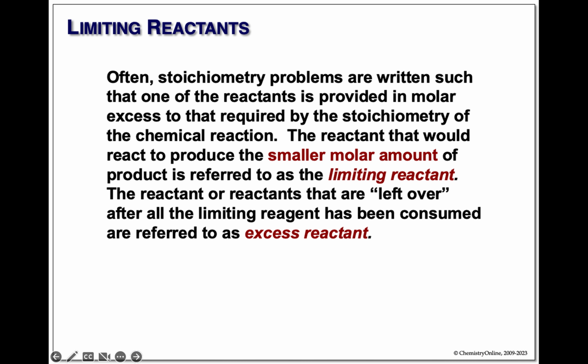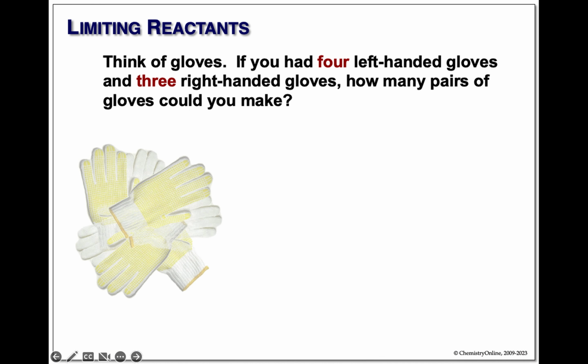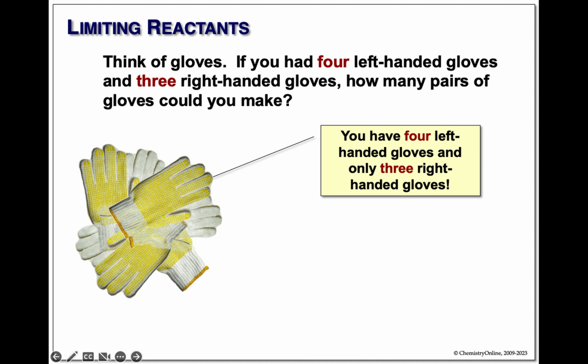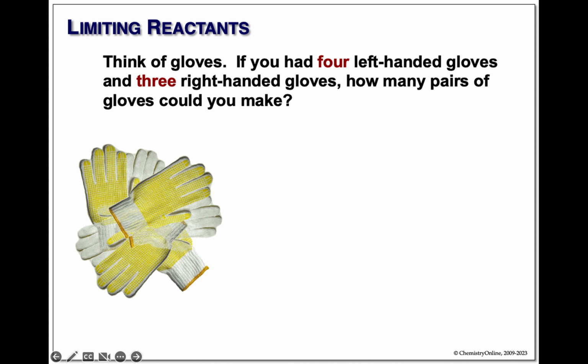Limiting reactants. Well, think about gloves. Summer's almost here. You're going to put your gloves away, right? There's a big stack of them somewhere. You look at them and you have 4 lefts and 3 rights. You want to put them neatly away in pairs. How do you do that? Well, you grab a right and a left, and there's one pair.